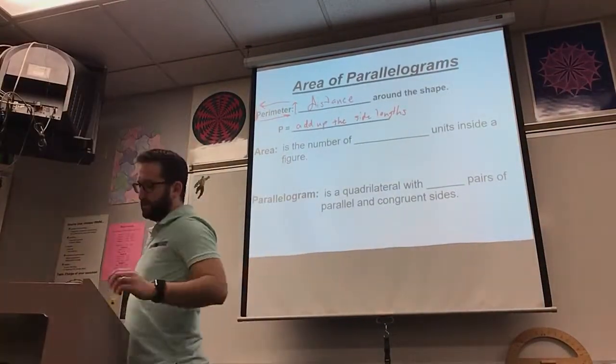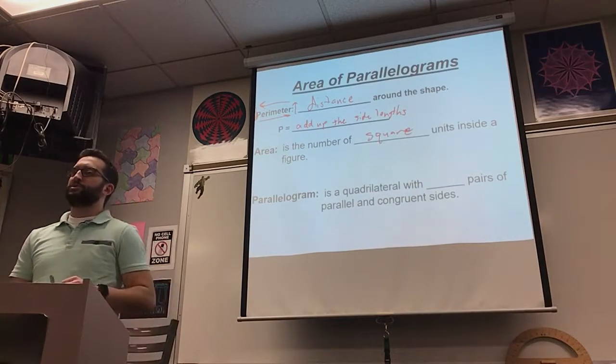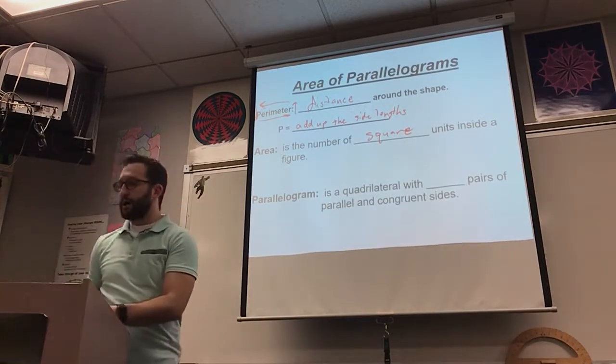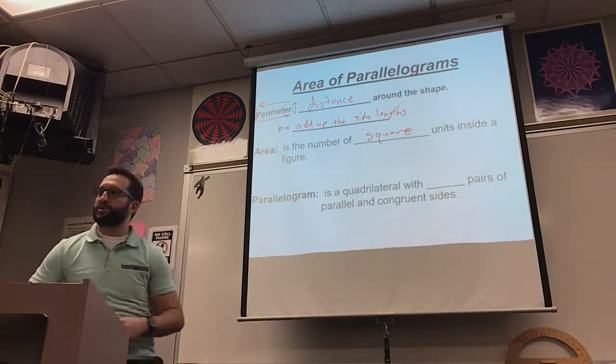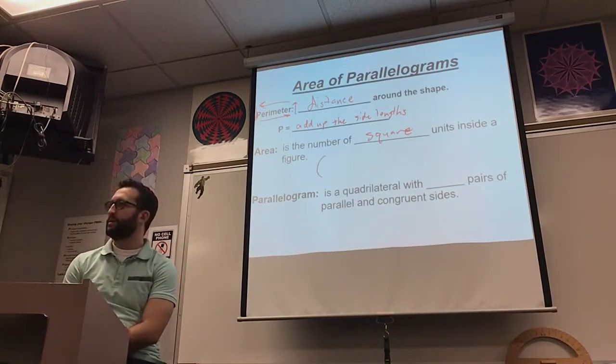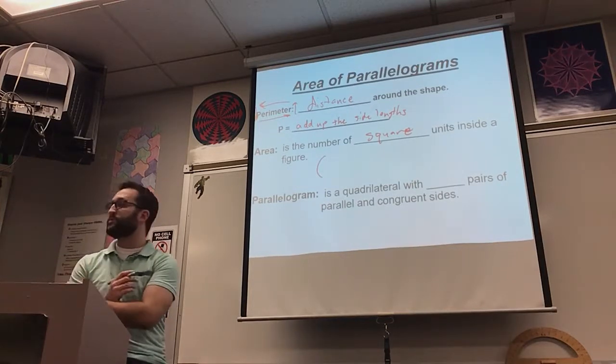Now, area is the number of square units inside a figure. So another way to think about this is how many little squares can fit inside of it. Now, anybody know any units that are called square units? Cubed. Actually, we're looking for squared.